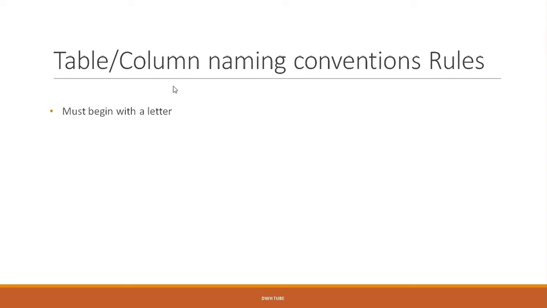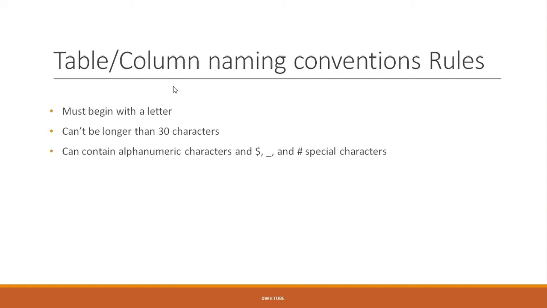Second rule is that a table name or a column name cannot be longer than 30 characters. It's a simple rule. A table name or a column name can contain alphanumeric characters, keeping in mind the first rule. And it can also contain three special characters, which are dollar, underscore, and hash symbol.